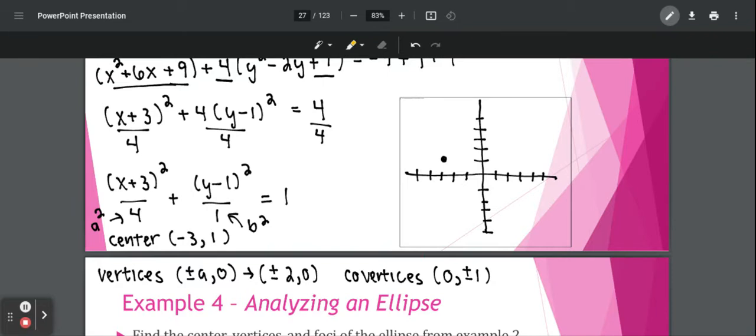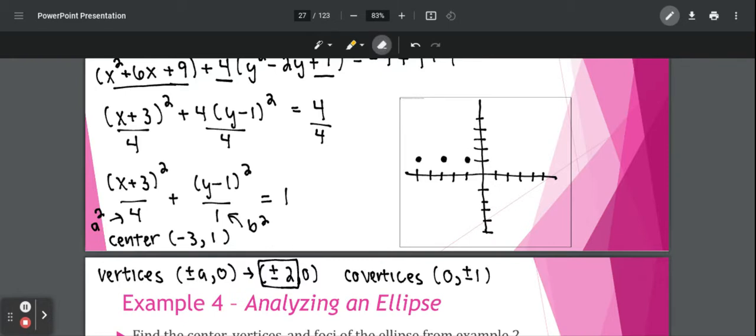Oh, the vertices aren't at 0 because the center wasn't at 0. Sorry, I made a mistake there. So your vertices are going to be plus or minus 2 from your center. So from your center then, if your center is at negative 3, we have to go 2 to the right and 2 to the left.